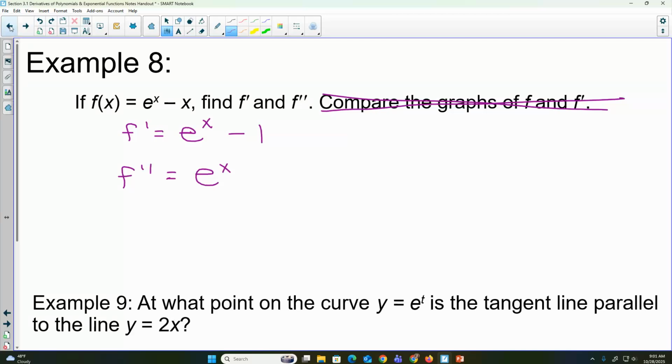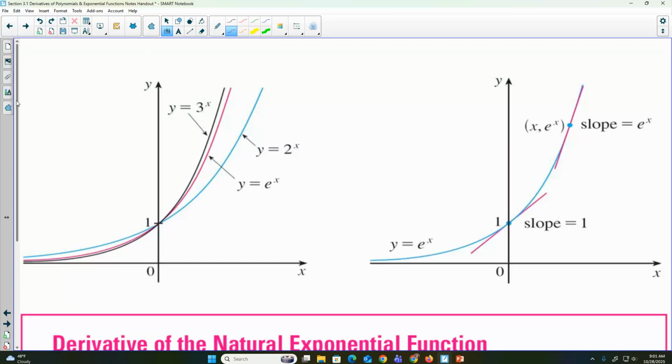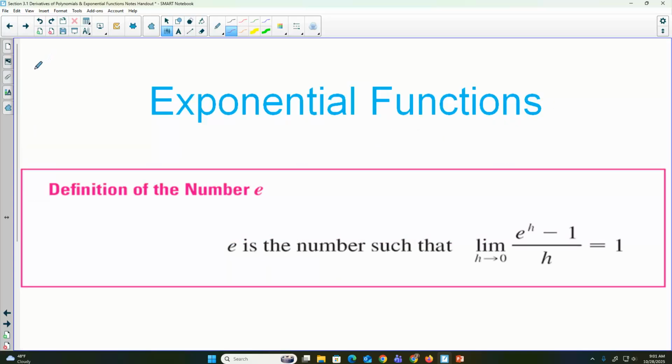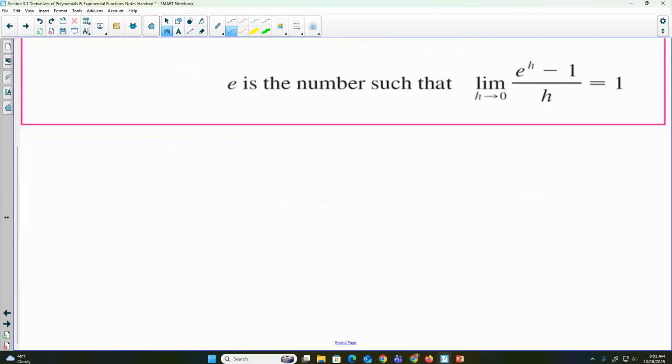Do you guys want an explanation for why the derivative is e to the x? It's because of this expression, because e is the base that's required for this to equal 1. So if you think about your definition of derivative, limit as h approaches 0.